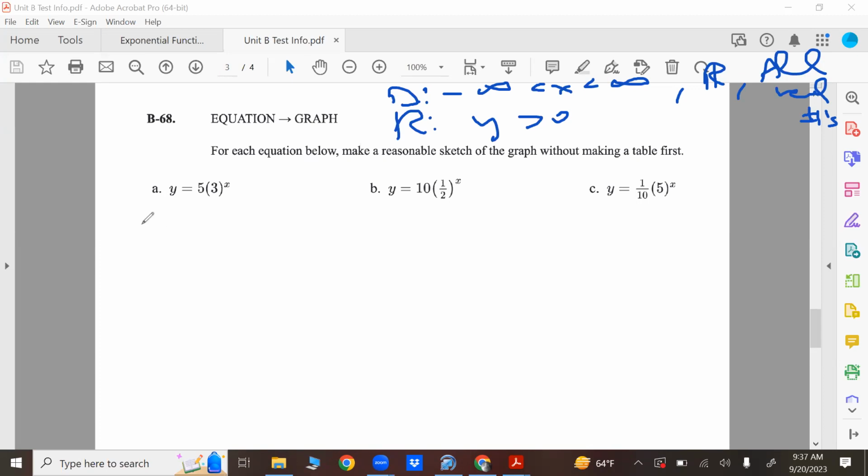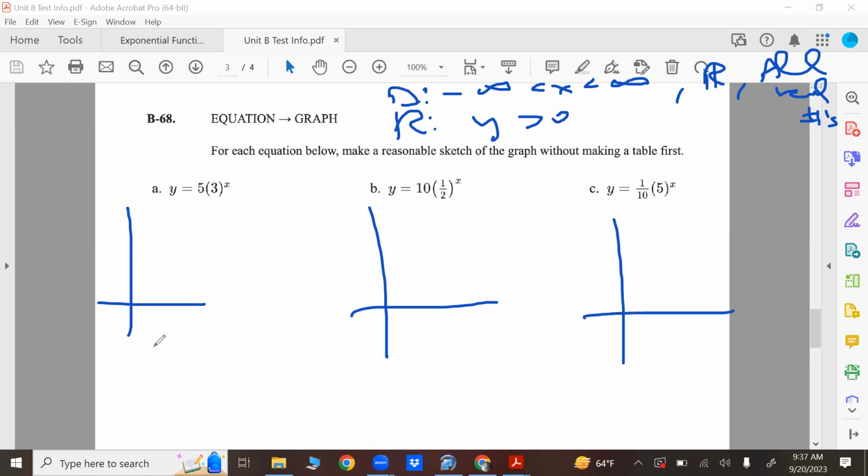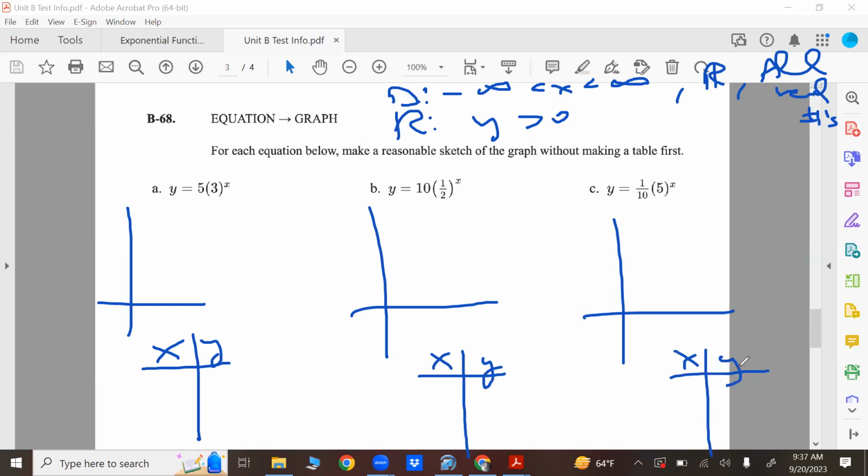Now the graph itself. Here's what you do. Let's make a little table. Okay. Here's what I'd recommend when you do a table. Usually 3 points are sufficient.